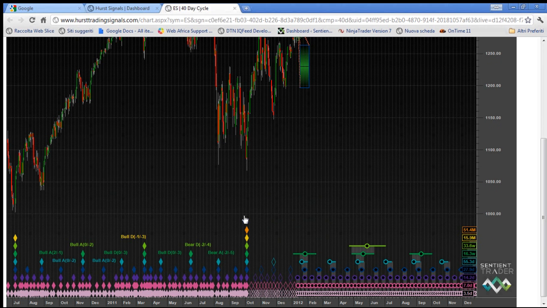If I log into my Hurst signals, we've got the S&P 500, and if I look at the 40-day cycle, the 40-day cycle presents the long-term chart. There you can see the signals are working on the basis of the 54-month cycle having occurred on the 4th of October.